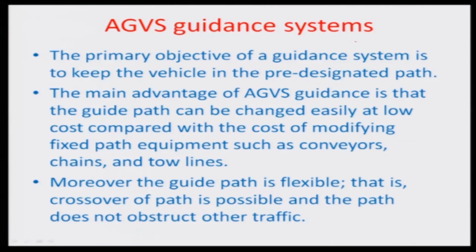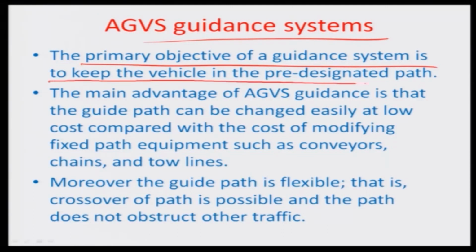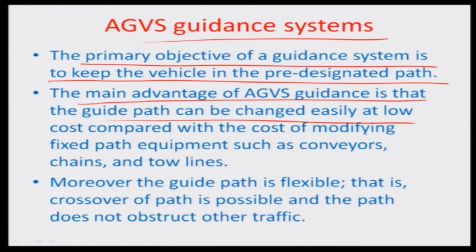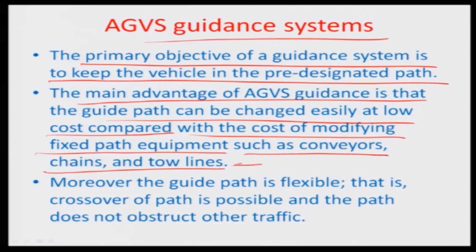Let us look at the guidance systems in an AGVS. The primary objective of a guidance system in an AGVS is really to keep the vehicle in a pre-designed path or track, so that there is very little interference between two or more vehicles plying parallelly to different stations to meet their material requirements. The main advantage of the AGVS guidance is that the guide path can be changed easily at low cost compared with the cost of modifying fixed path equipment such as conveyors, chains and tow lines.